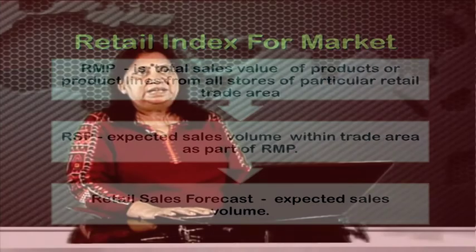Now, there are certain index where experts of the industry do calculate the RMP and the RSP, that is what is the market potential. Market potential is the total potential of the area and how much a particular segment is going to basically sell, or how much a particular retail segment would be able to connect with the customers.